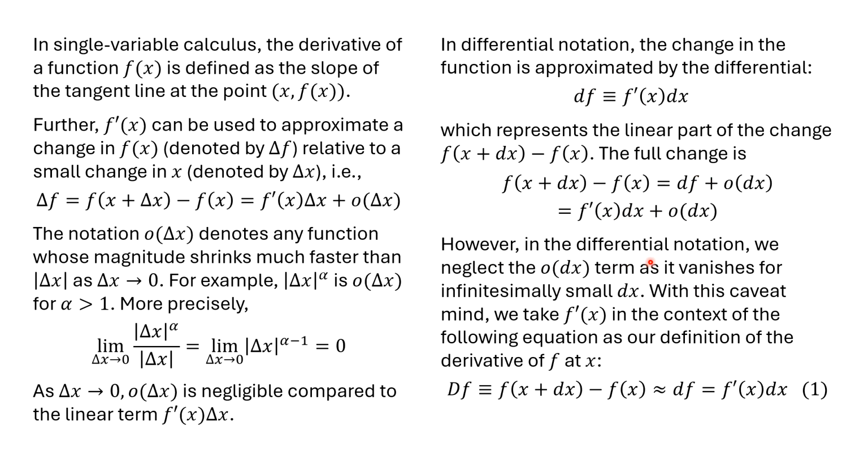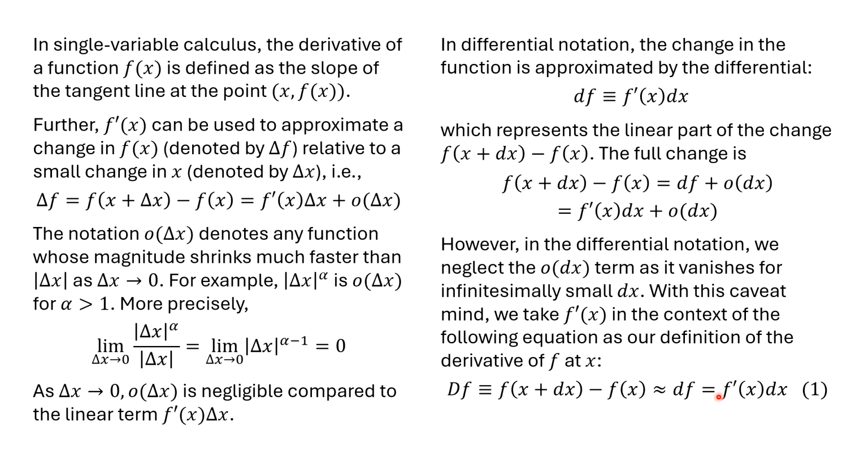However, in differential notation, we often neglect the little o dx term as it vanishes for infinitesimally small dx. With this caveat, we take the derivative of f of x in the context of the following equation as our definition of the derivative of f of x. So if we take this difference here, and what's on the right of it, or however you want to put it on the left too, you can do it.